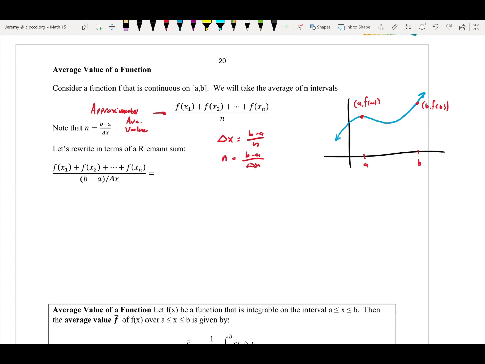Notice we're dividing by a fraction here. To divide by a fraction is the same as to multiply by the reciprocal. So we can rewrite this as f of x sub 1 plus f of x sub 2 all the way up to f of x sub n, times the reciprocal, delta x over b minus a.